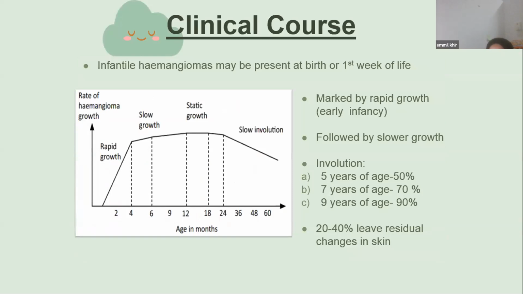When resolved, a significant minority, about 20 to 40%, leave residual scarring, fibrofatty tissue, telangiectasis, and other skin changes, which can have a lasting psychological effect. Approximately 10% require treatment and less than 1% are life-threatening.